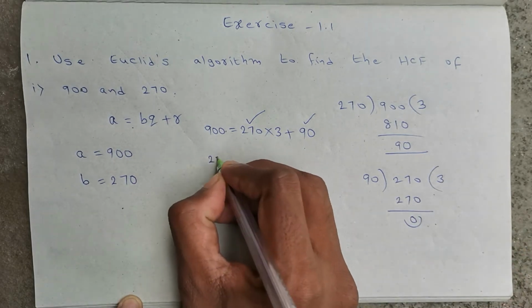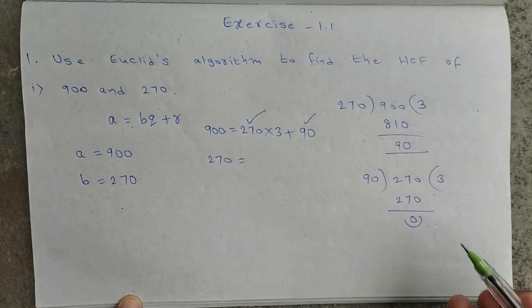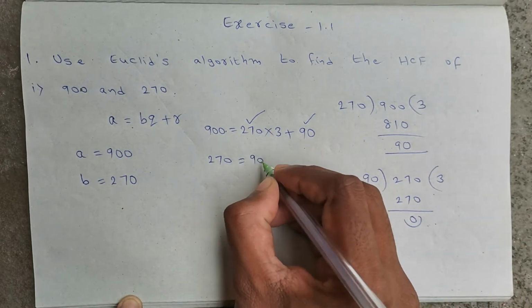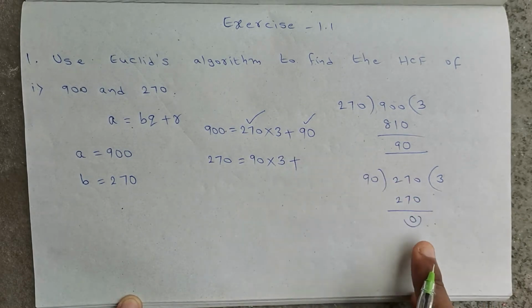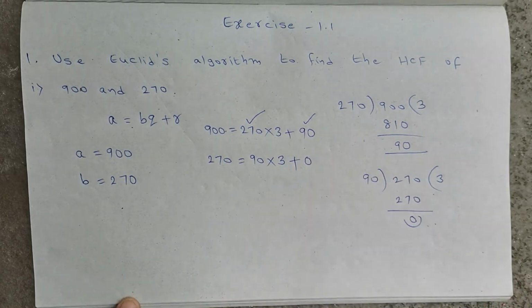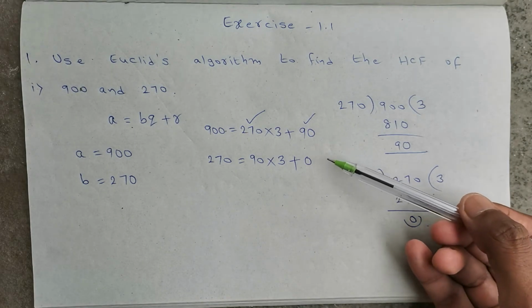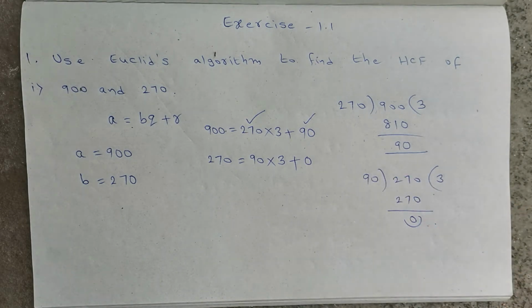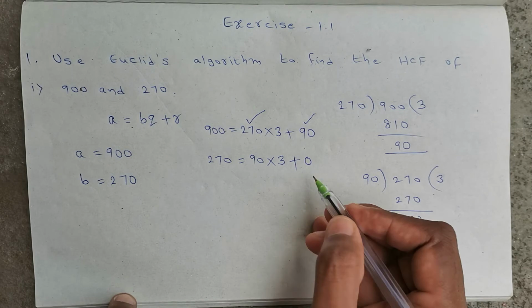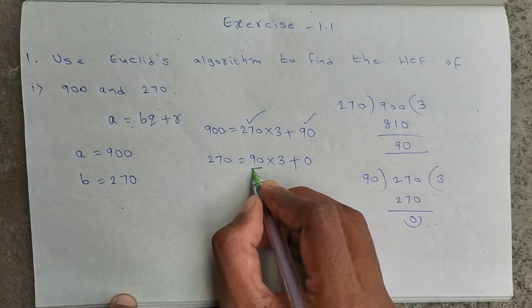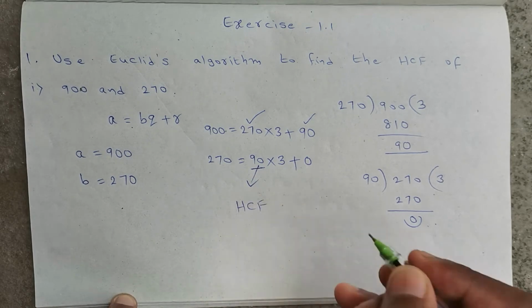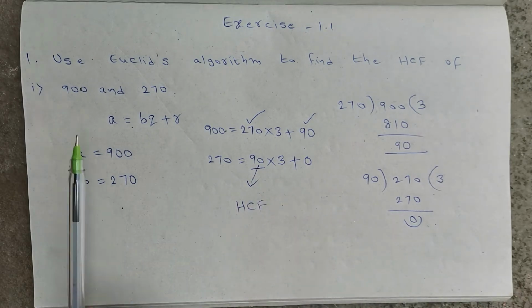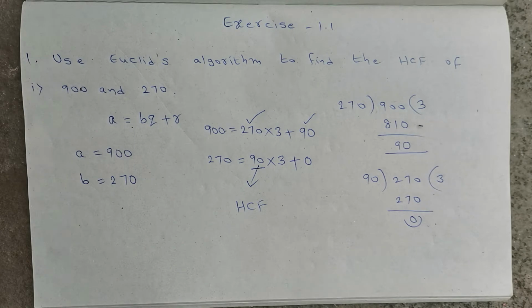Dividend 270 = divisor 90 into quotient 3 plus remainder 0. Whenever we get the remainder 0, stop the process. After getting the remainder 0, the divisor will become the HCF. So the HCF of 900 and 270 is 90.